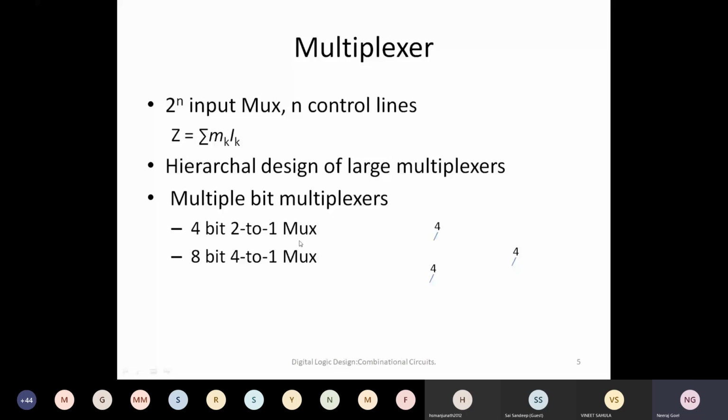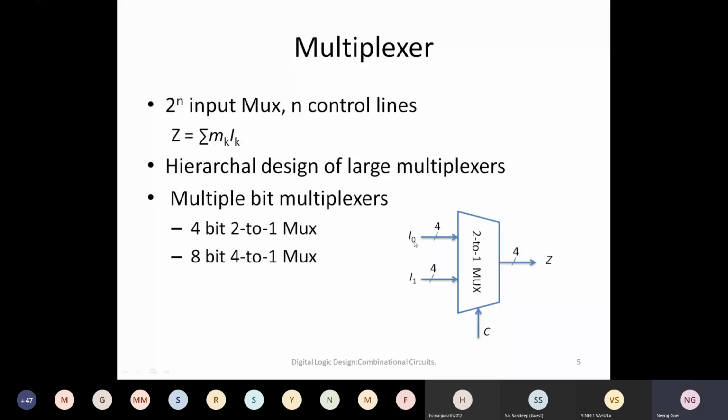If I want to design this 4-bit 2:1 multiplexer, it would be pictorially represented something like this. Here, my input I0 will be 4 bits. Similarly, I1 is also 4 bits, and based on control, one of I0 or I1, these 4 bits, would be copied to Z. In other words, the 4 bits of Z would be equal to the 4 bits of I0 if C is 0.